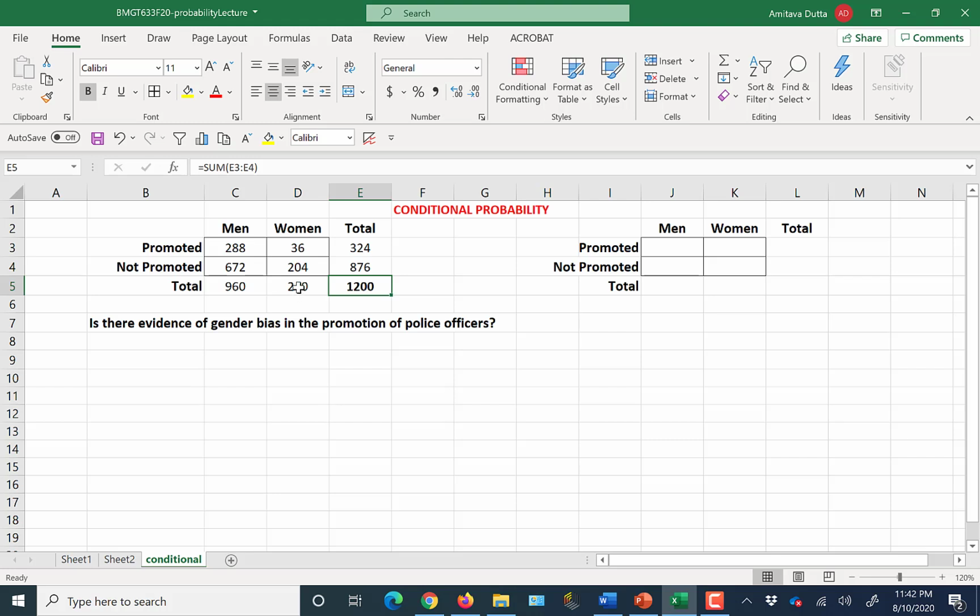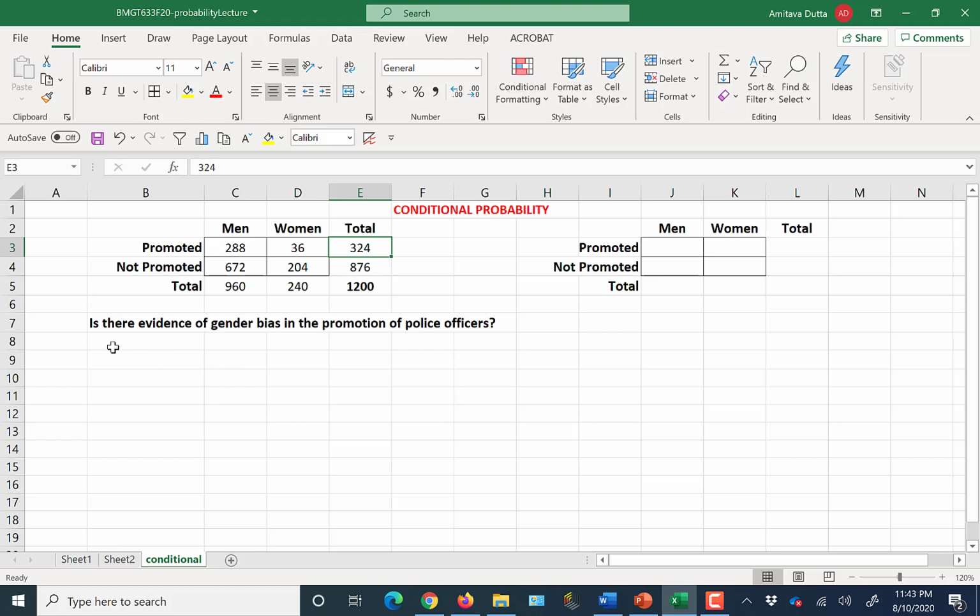Now, if we break down the 1,200 by who was promoted and who didn't, regardless of gender, then out of those 1,200 officers, 876 did not get promoted, and 324 did get promoted, again, regardless of gender.